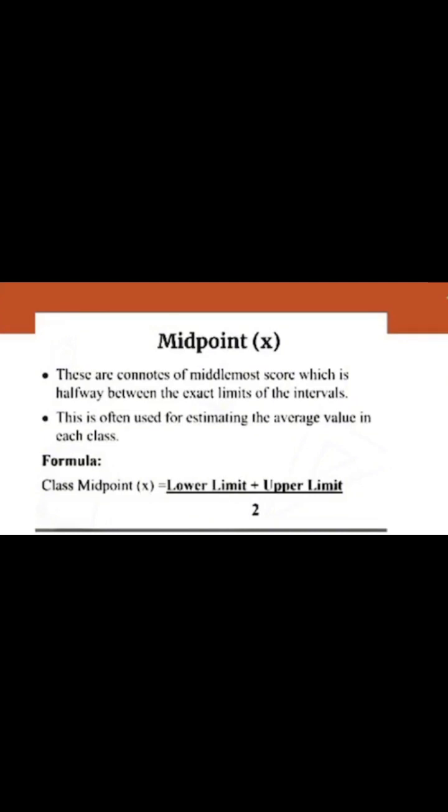The midpoint connotes the middlemost score, which is halfway between the exact limits of the interval. This is often used for estimating the average value in each class. The formula is the class midpoint, X, equals lower limit plus upper limit over 2.